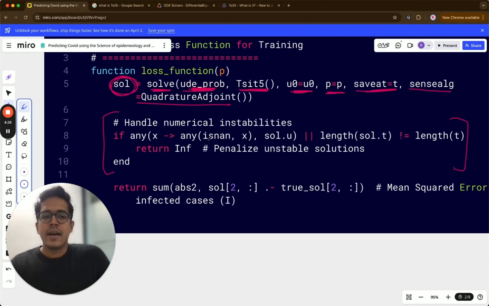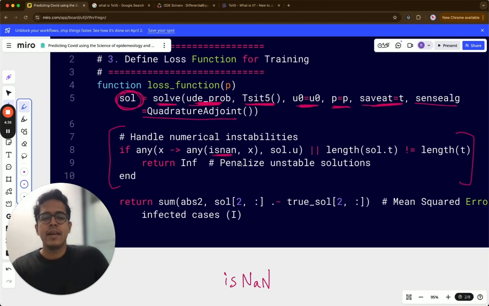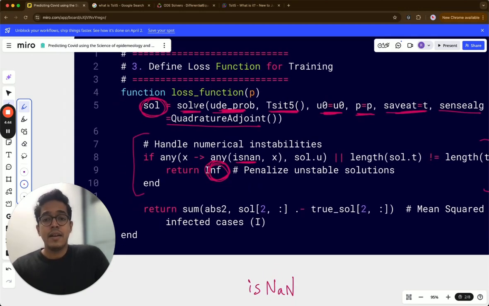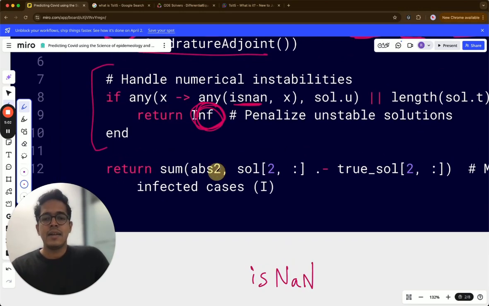So if I get something like NaN, which means not a number, is NaN, if that is what is happening, then the value of the loss will be infinity. If any of my numbers is not a number, then I'll say that loss is very high. So I'm penalizing the neural network for making predictions such that you have not a number as one of the numbers.